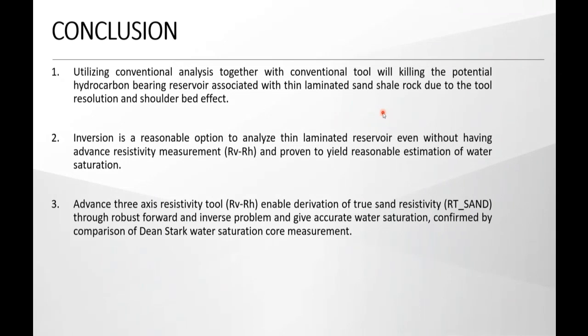We will underestimate our oil saturation and overestimate our water saturation. And inversion is a reasonable option to analyze the limited reservoir. Even without advanced resistivity measurements, Rv and Rh, we can still yield a reasonable estimation of water saturation, like I showed you in the blue curve just now. However, the advanced resistivity tool Rv and Rh will definitely give a very high accuracy of water saturation, as confirmed by the composite of this water saturation measurement in the black curve.